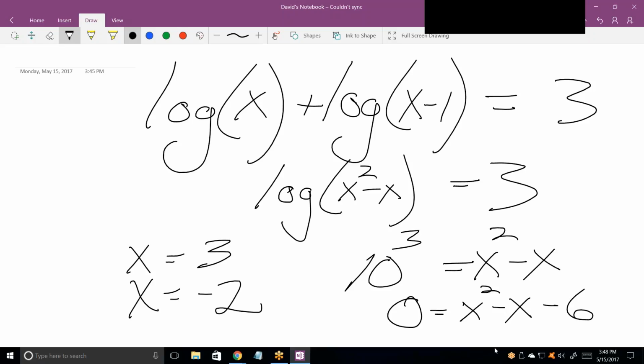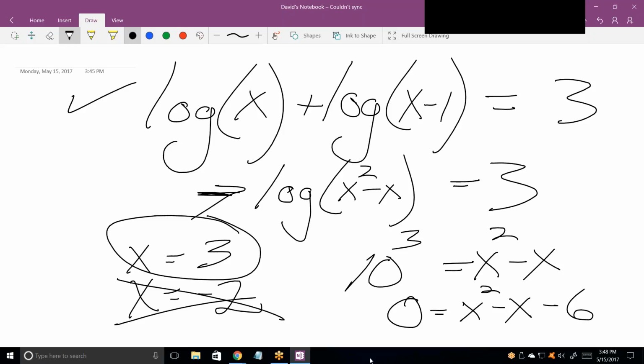And you got to run them through that equation, not this one. They will not violate the domain of the second one, but they will violate the domain on the original one. This answer does. So x equal negative 2 is not an answer. Only x equal 3 would be a solution.